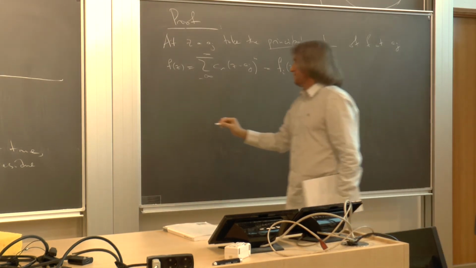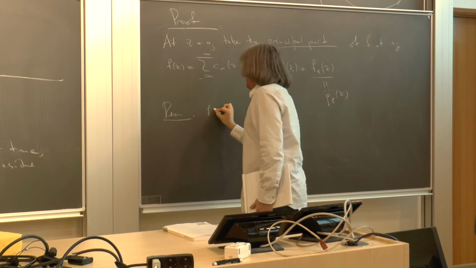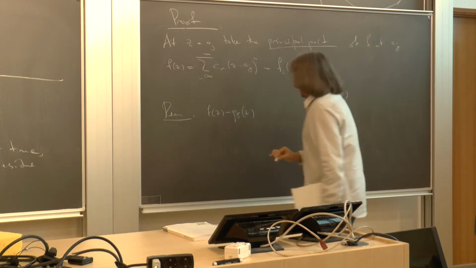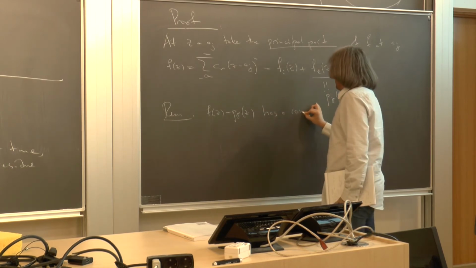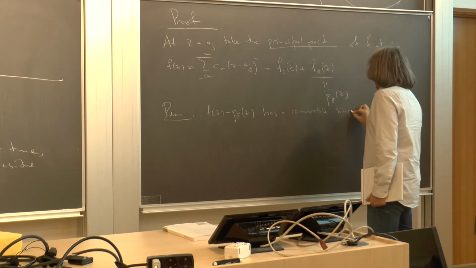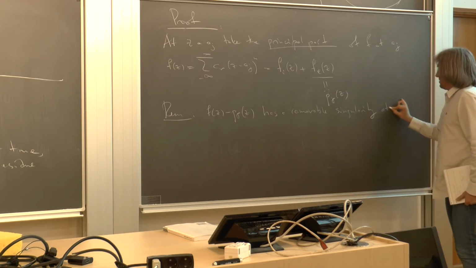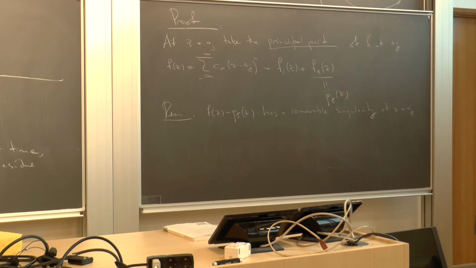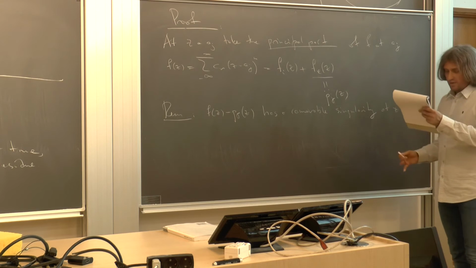So notice that f of z minus P_j of z has a removable singularity at z equal a_j. So now consider the function which is the difference.